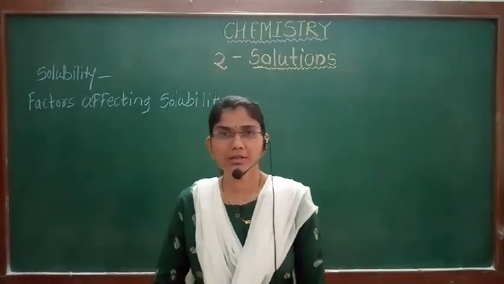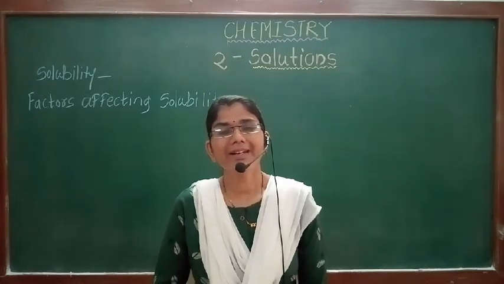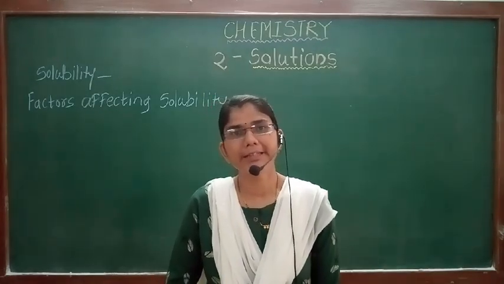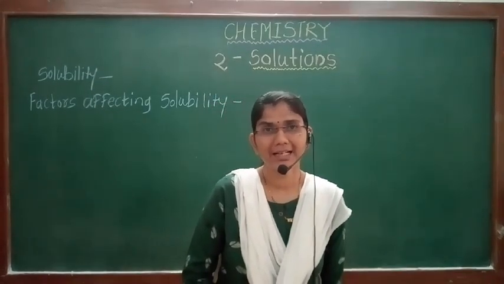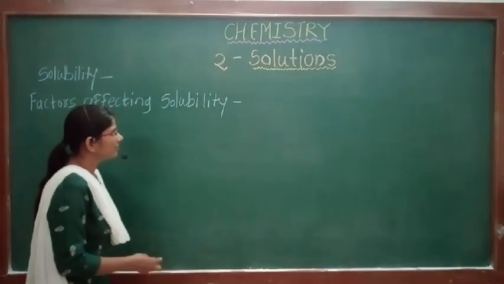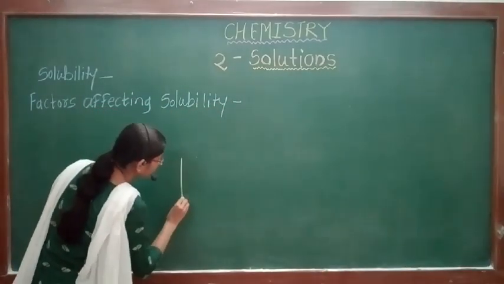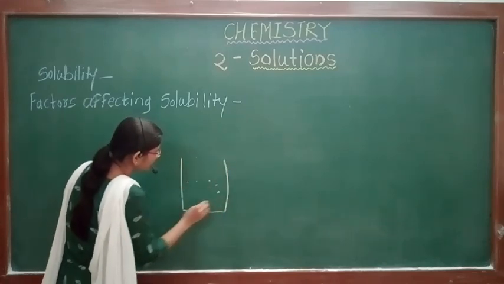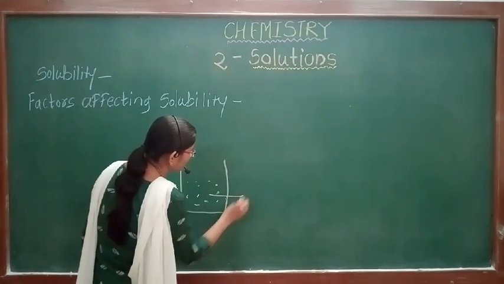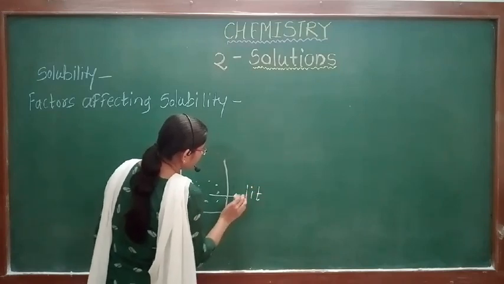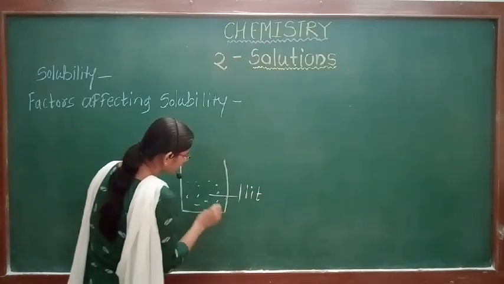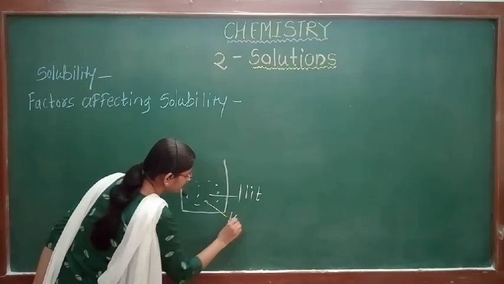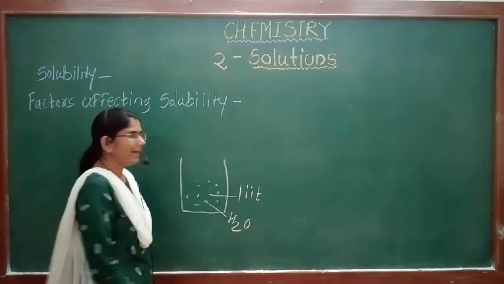First of all, let us start with what is meant by solubility. Here we have considered a beaker, and in it we have taken 1 liter of solvent, that is 1 liter of water.